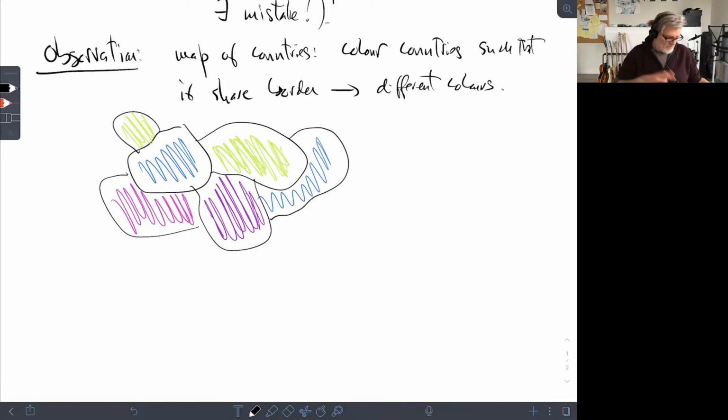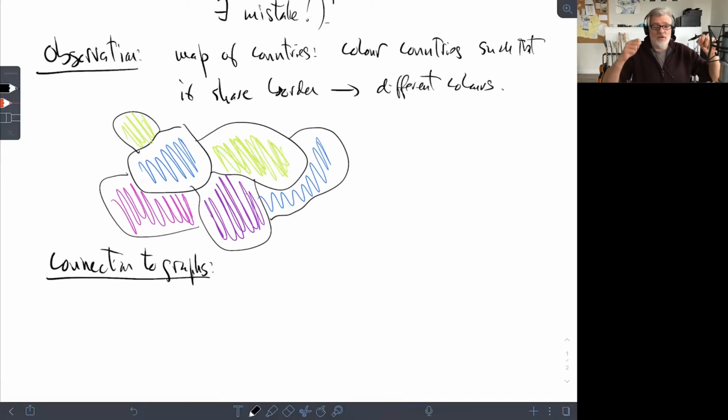But here's the connection to graphs, and it's very simple. I want to color the countries, and they must get different colors when they have a common border, not just a point, right? So here's how you can see this. I'm going to see every country as a vertex like this, and I'm going to put an edge between two of these vertices if the countries have a shared border, right? So this would be like that.